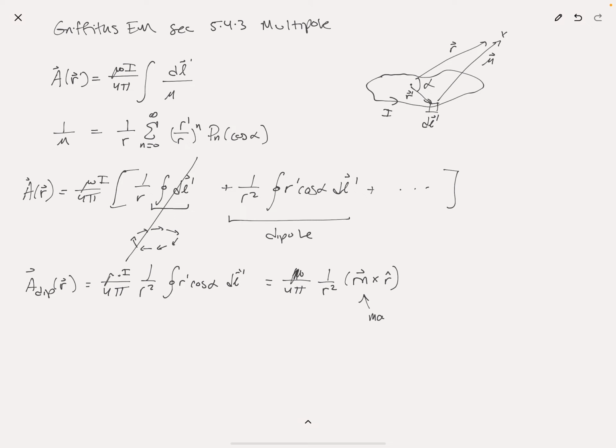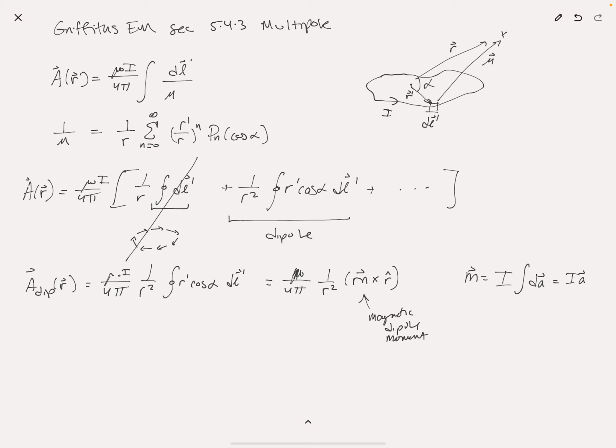This is the magnetic dipole moment, which is defined as the current integrated over a surface, or I times A. Okay.